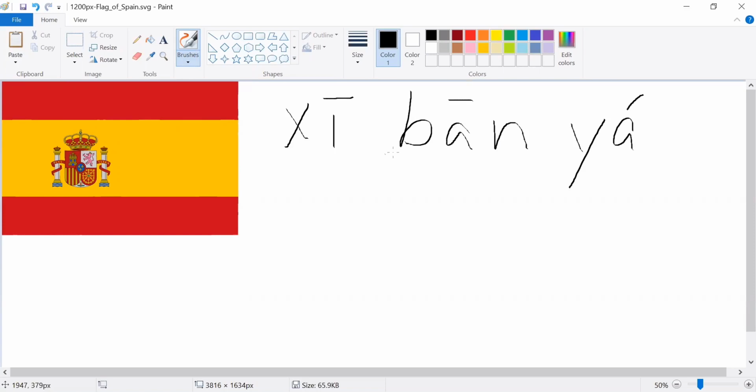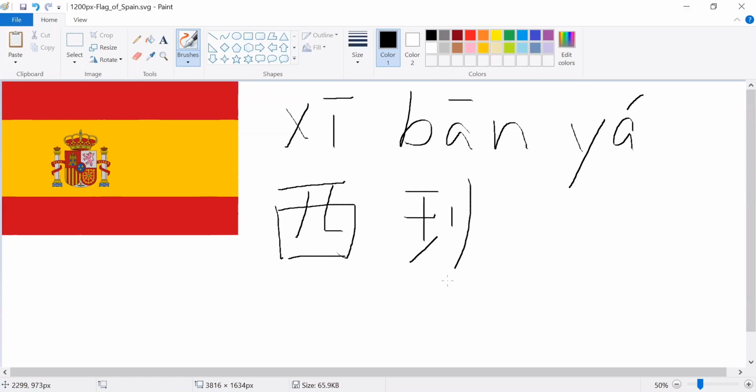So there are 3 pinyin syllables. So the character that matches the pinyin, the first one is this character. Okay, 西, and then second character, 班, and third character. Okay, so you can see if you have learned the 3 characters before, 西 can mean west, right?